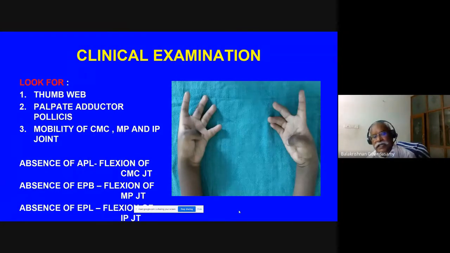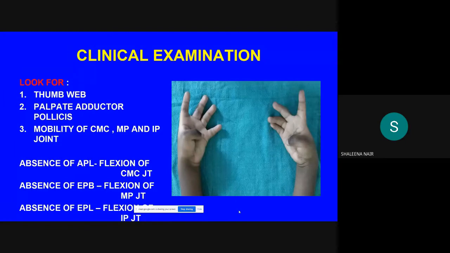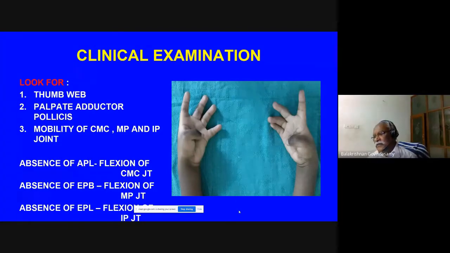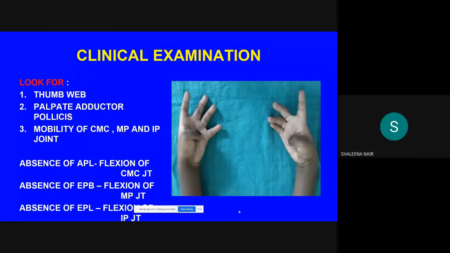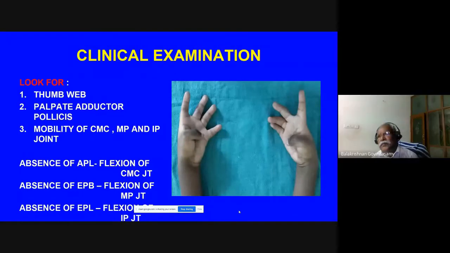You said splintage. Suppose after splintage, after some time, the same child comes back with the same deformity. What will you do? If splintage has failed, we have to go for surgery, that will be augmentation of the extensors.